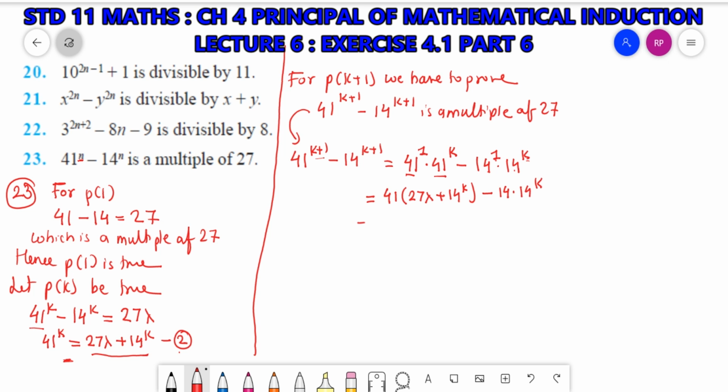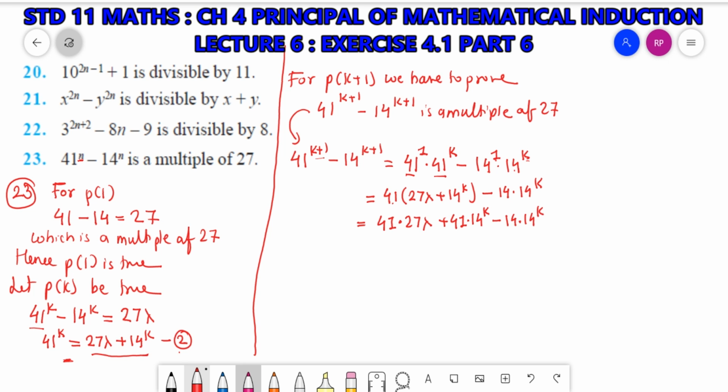Now let's multiply it. 41 into 27 lambda, I will not multiply, just write down like this. 41 into 27 lambda plus 41 into 14 raised to k minus 14 into 14 raised to k.